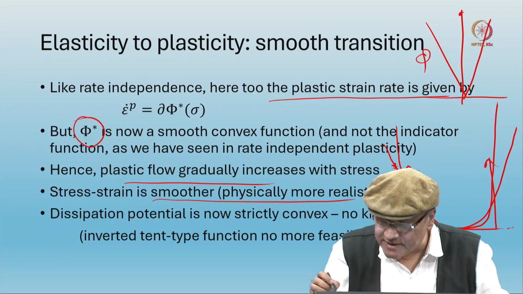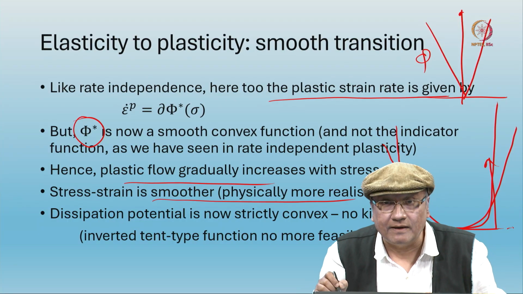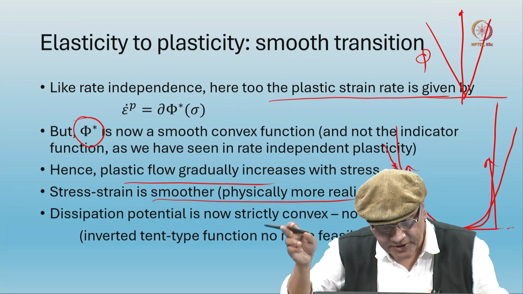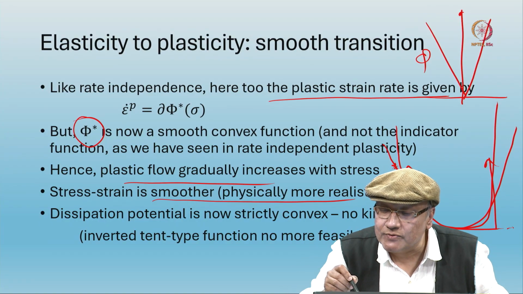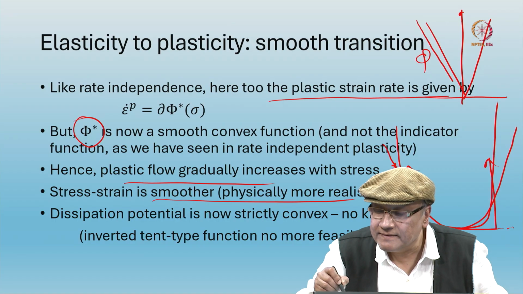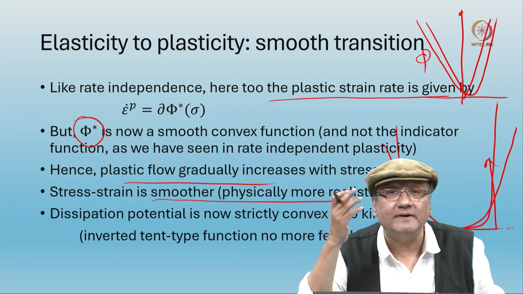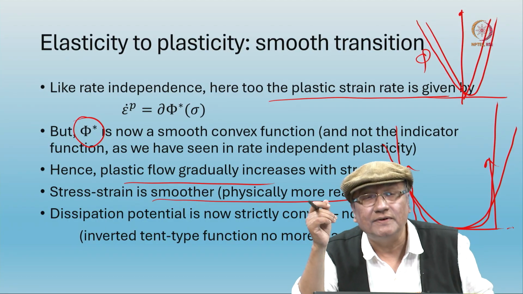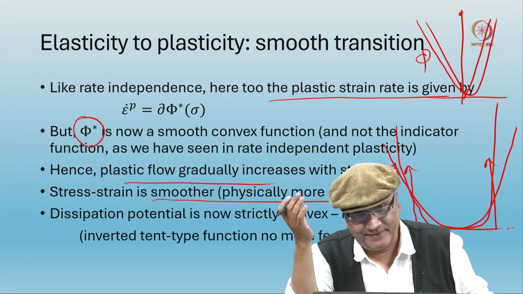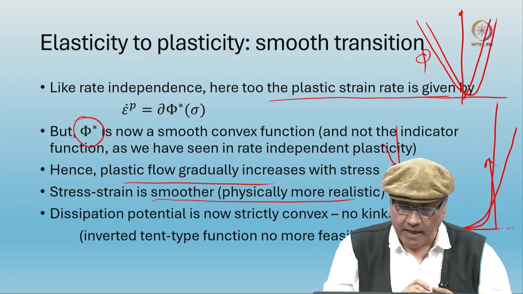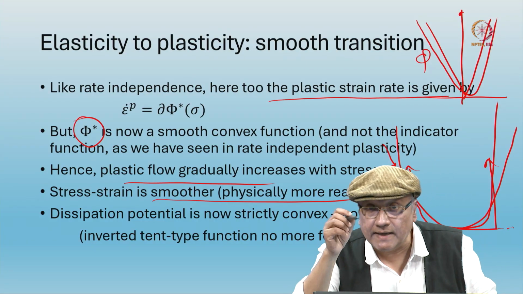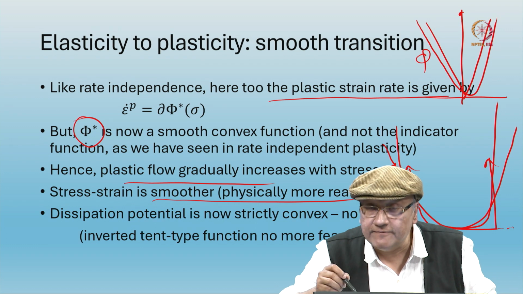If you start with this smooth phi star and do a Legendre transform, you will see that this will become something like this, okay. So, it is no more an inverted tent, but a smooth function like an x square, right.